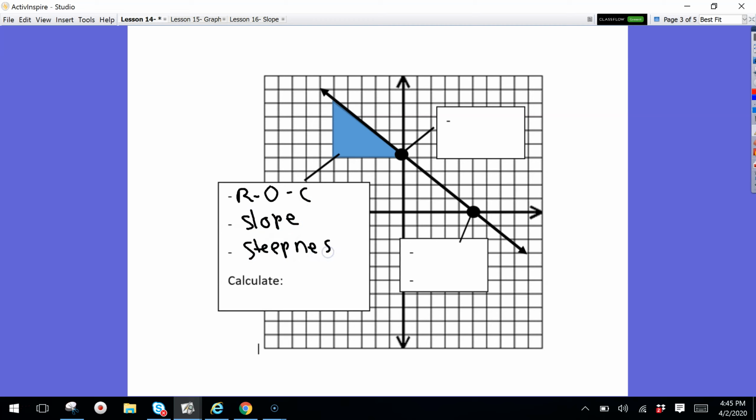In this case, it goes down 1, 2, 3, 4, so negative 4, over 1, 2, 3, 4, 5. So it's negative 4 over 5. If you take these 2 points as well, you would notice that this is also negative 4 over 5. And so it's constant.